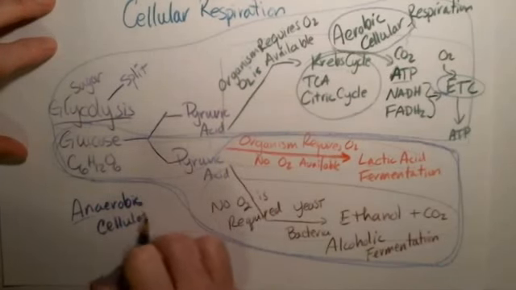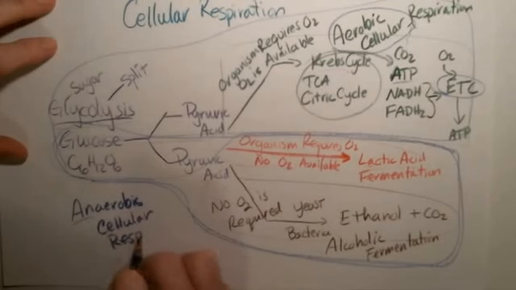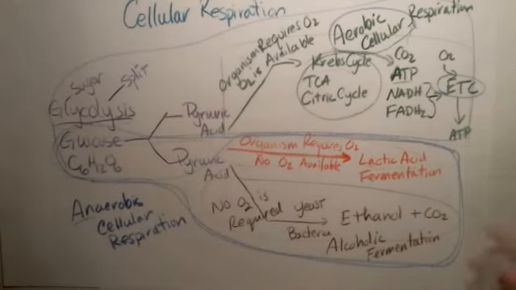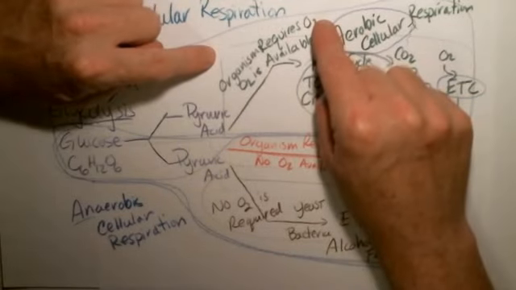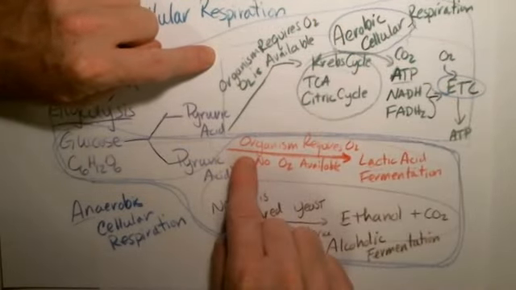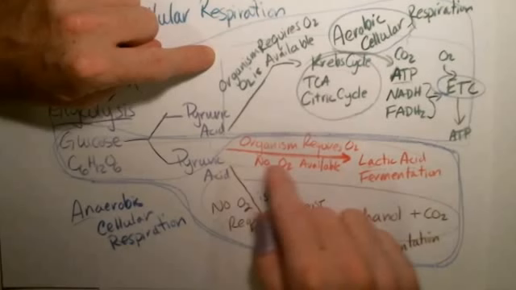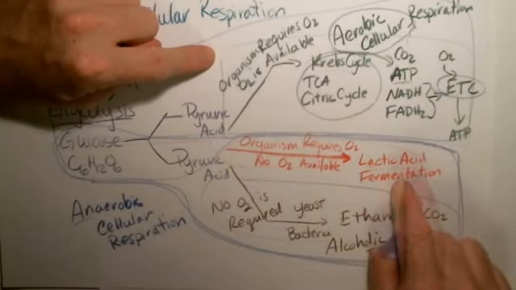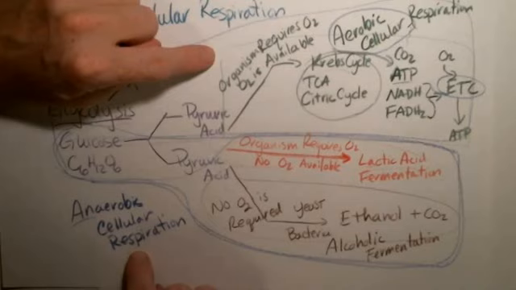Now, where students sometimes get confused, and this confusion is easy to see. If you're an organism that requires oxygen, but there's not enough available, you're going to go through anaerobic cellular respiration, and it's lactic acid fermentation, that type of anaerobic cellular respiration.